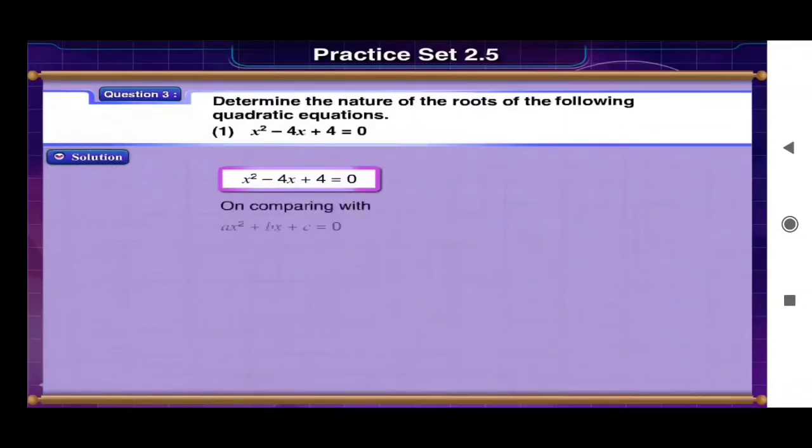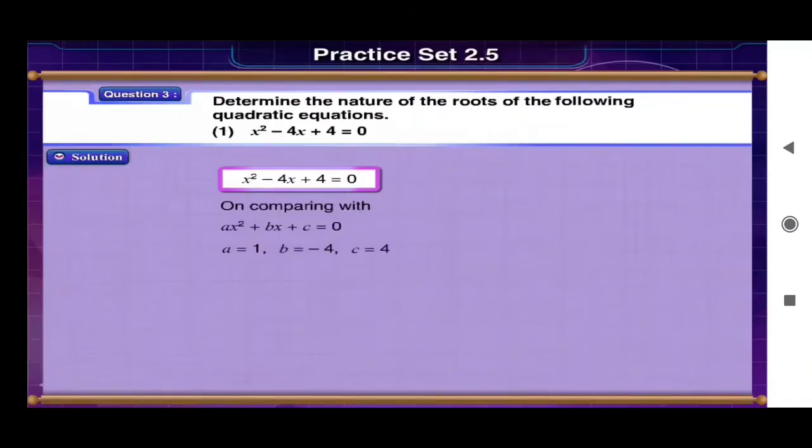Question 3. Determine the nature of the roots of the following quadratic equations. 1. X square minus 4x plus 4 is equal to 0. On comparing with ax square plus bx plus c, we get a is equal to 1, b is equal to minus 4, c is equal to 4.